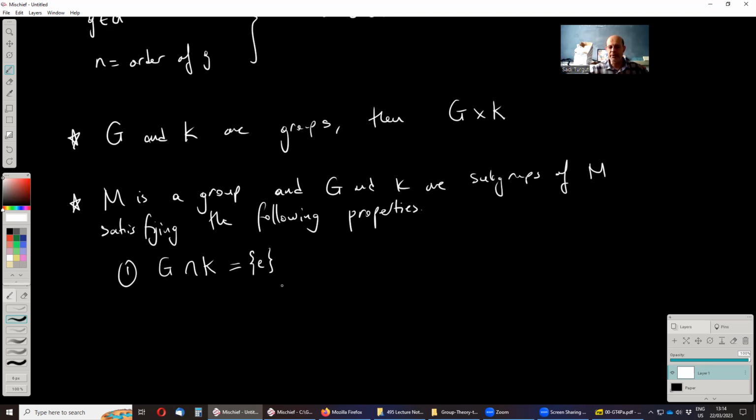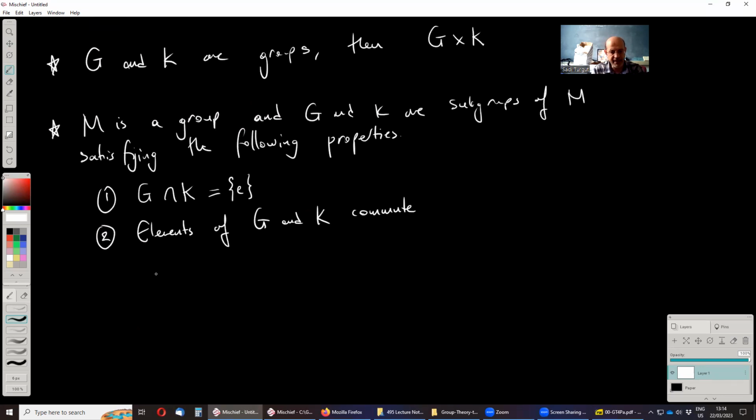They don't have any common elements except the identity, which is common to all subgroups. The second thing is that elements of G and K commute. It's basically something like that.